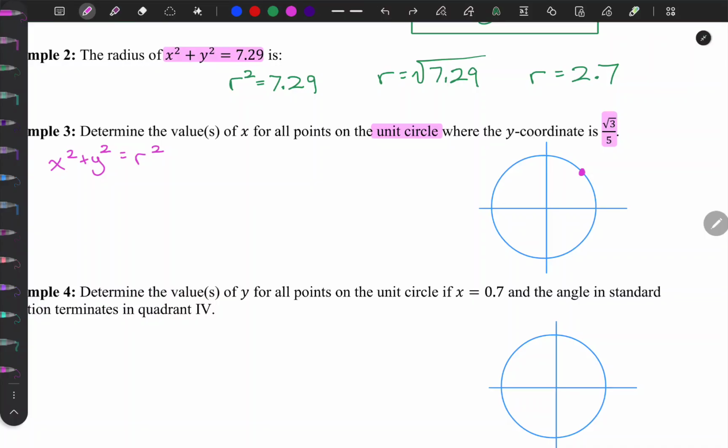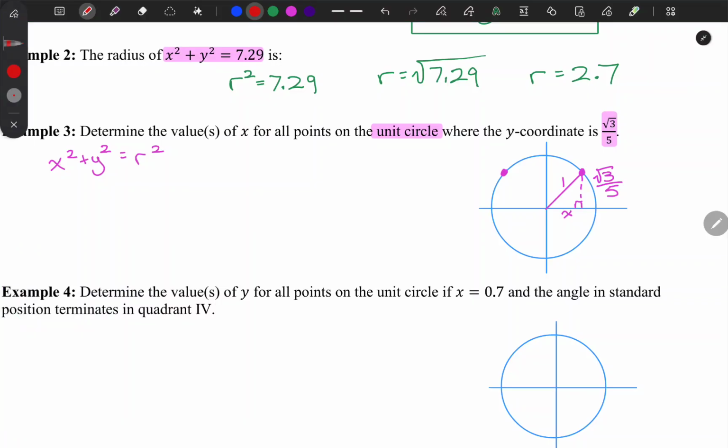Now, if there is one point there with that height, there's actually another point over here with the same height, just with a different x value. So let's draw in a radius of 1, and we have a y value of root 3 over 5. We're trying to find x. There is one point in quadrant 1 that does that. There is also another point in quadrant 2.